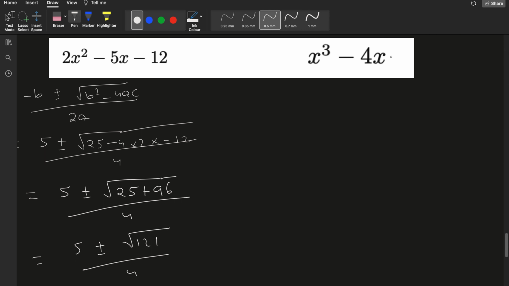So now let's equate this to 0 and solve it. We're trying to find the roots. So we can take x as common. So x times x minus 2 minus 4.